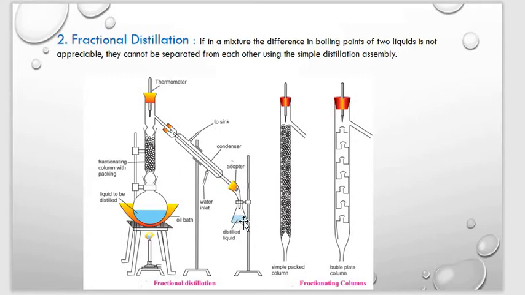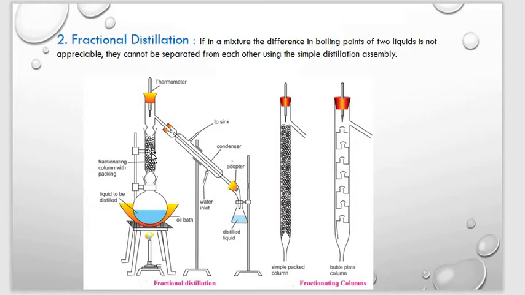Let's suppose we have two liquids, liquid A and liquid B. We have taken both the liquids in a round bottom flask and liquid A is more volatile than liquid B. So the mixture will be heated. Vapors of A along with a little vapor of B will rise up and come in contact with the large surface of the fractionating column.